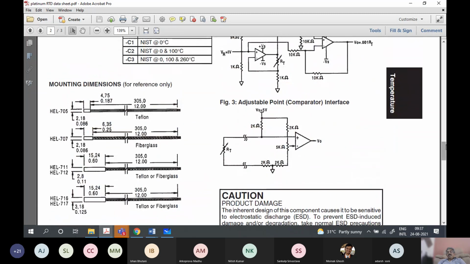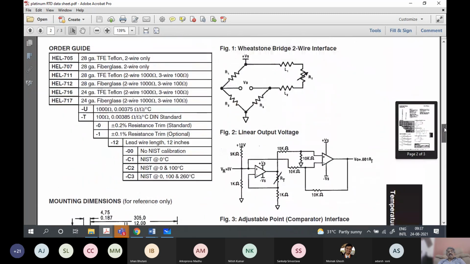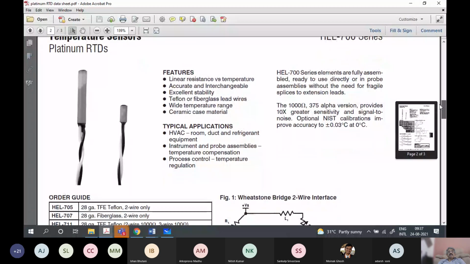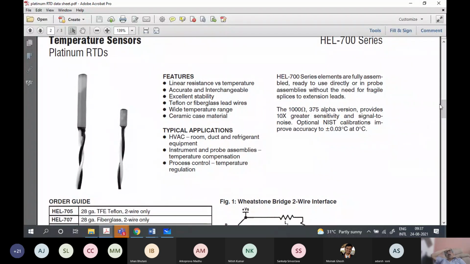This is I think Honeywell. Honeywell is a well-known automation company. It has a lot of business areas, building automation, and HVAC, all the centralized air conditioning equipment.